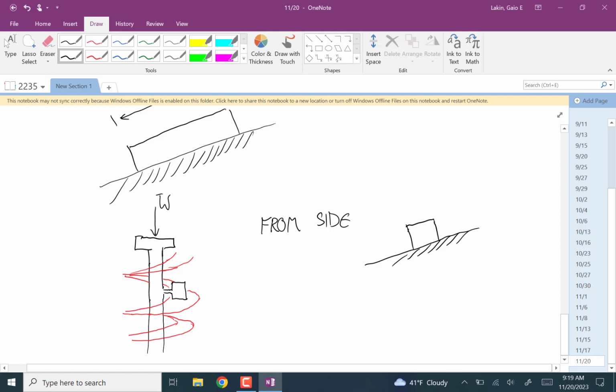The thing that's making this slide up or down the ramp is, this isn't parallel to the surface. It's a horizontal force Q, because it has to be perpendicular to the weight. The way you turn that thing is you have handles and you're just applying a couple, you know?